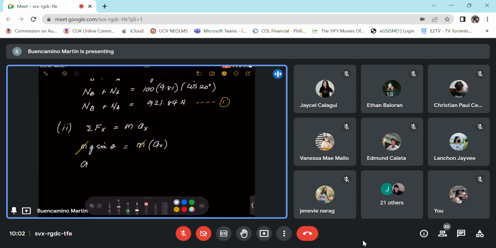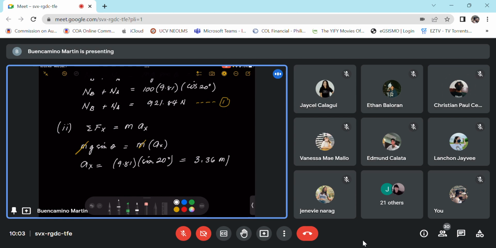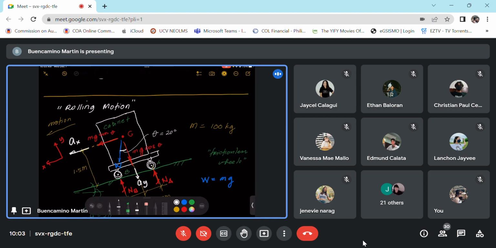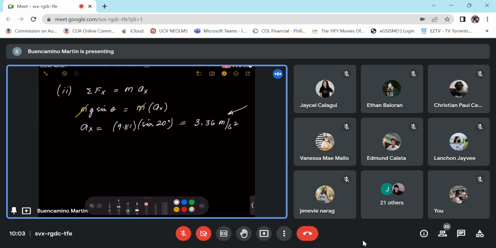So your a sub x would simply be equal to 9.81 times sine of 20 degrees, and we have an acceleration of 3.36 meters per second squared, directed down the incline. We made this positive because this is our positive x, positive y.